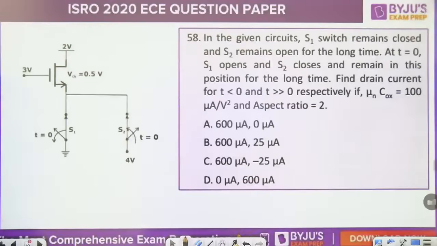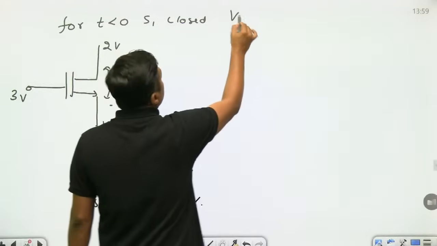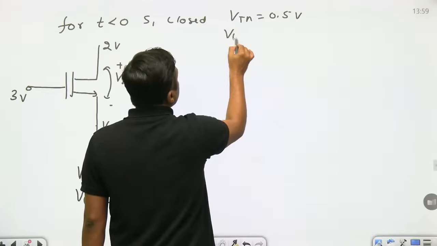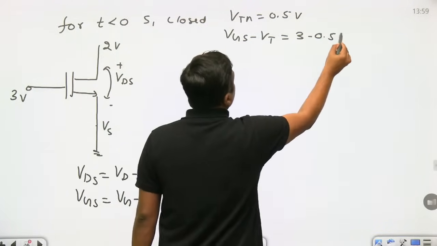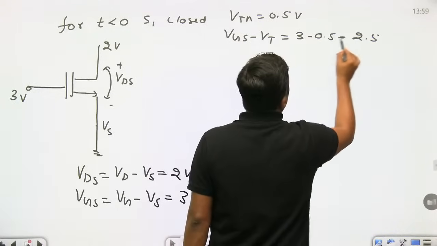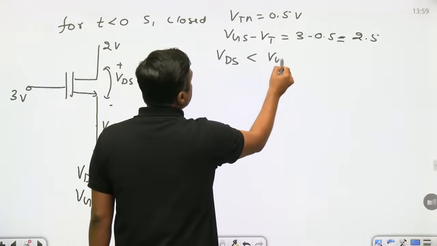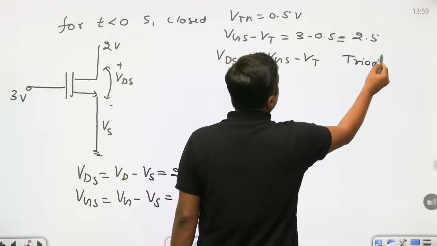What is the threshold voltage? It is given in the question. Threshold voltage is 0.5 volt. So what is VGS minus VT? 3 minus 0.5, that is 2.5 volt. What is the conclusion? VDS is less than VGS minus VT, that's why it is in triode region.